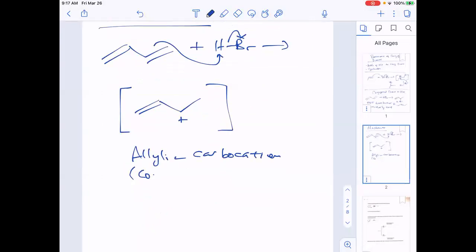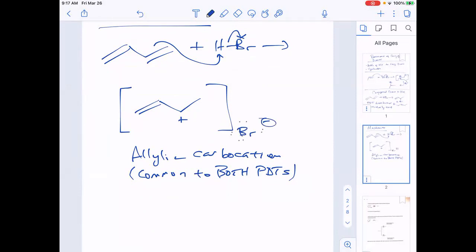So this allylic carbocation again is common for both products. So the bromine here, let me put my lone pairs in.